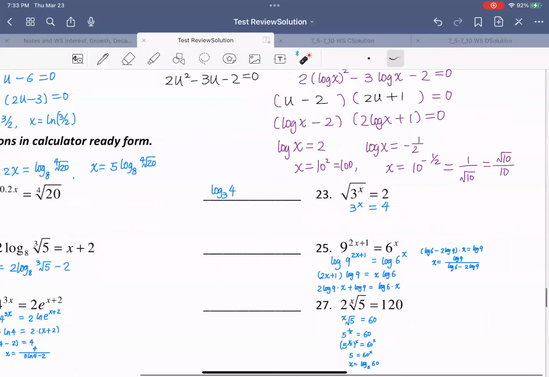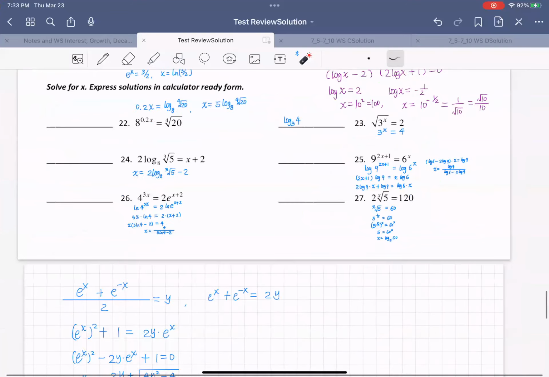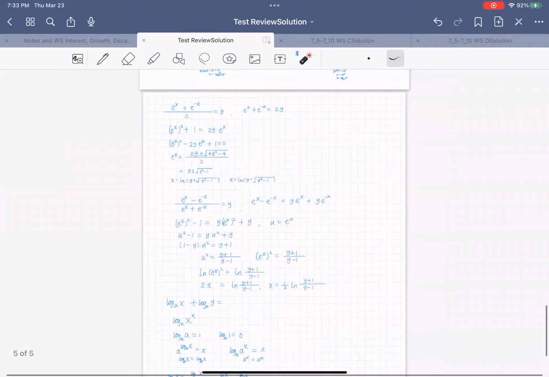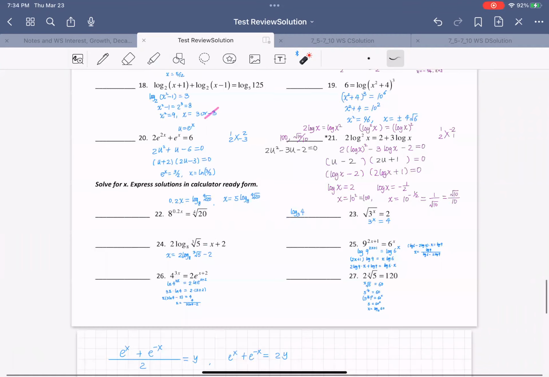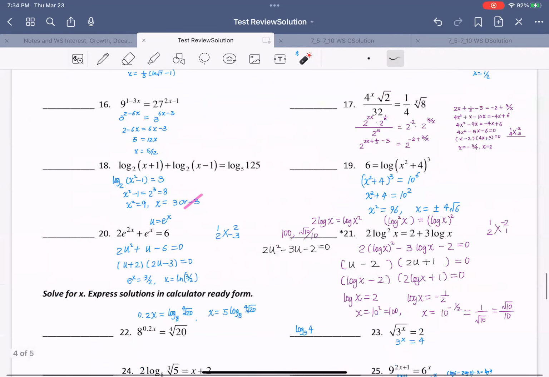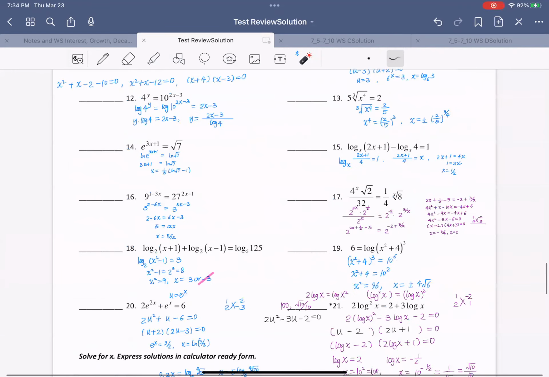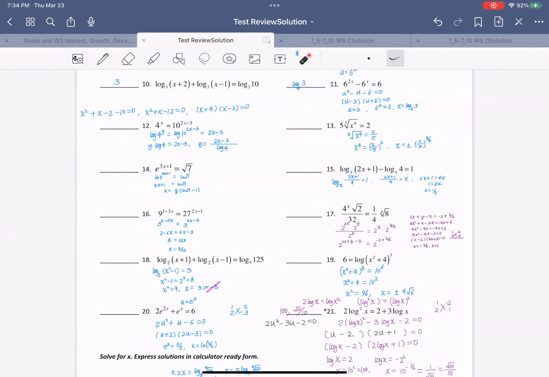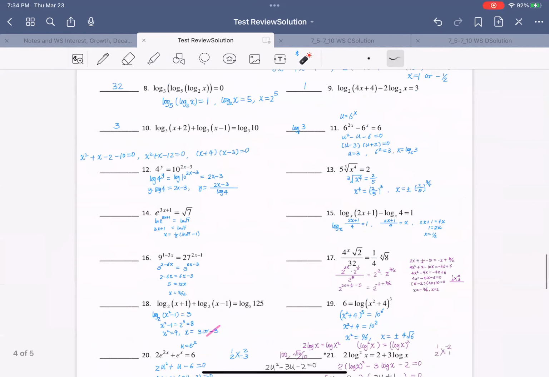Next. So far, any question? Let me see if there's still a hard question. I don't see any very hard question. Before I go to the new topic, any question for this worksheet? This is solving those log and exponential equations.